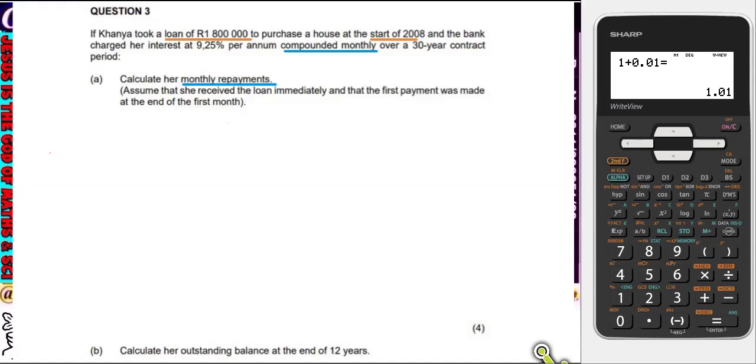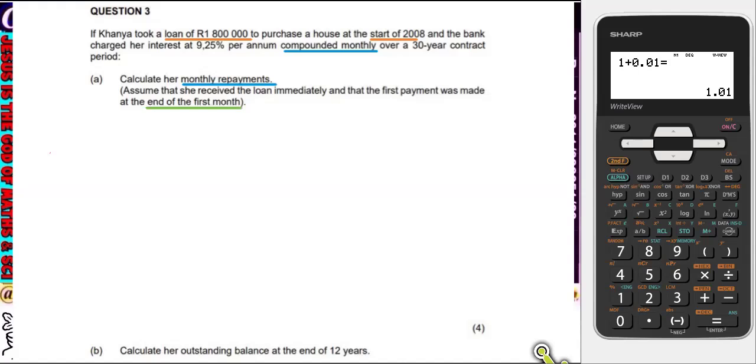So what's bugging me here is that she took a loan to buy a house at the start of 2008, the start of January, and then at the end. That's when the payments are made. I'm going to underscore that. The payments are made at the end of the first month.